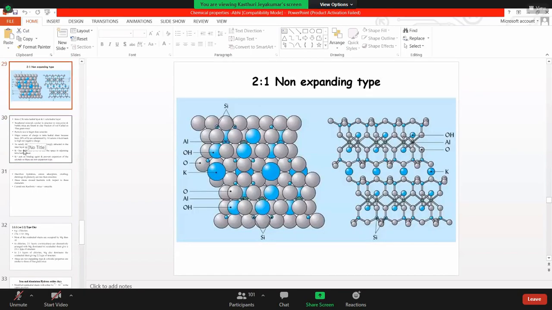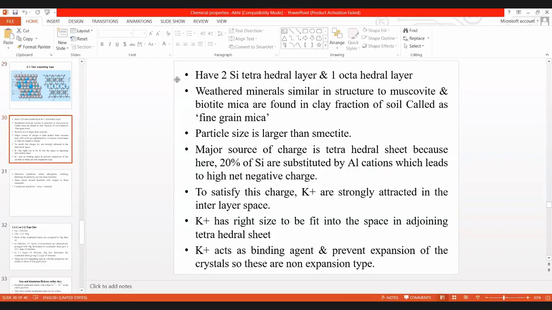2:1 non-expanding type. The 2:1 non-expanding type has two silica tetrahedral layers and one octahedral layer. The mineral similar in structure to muscovite and biotite mica found in the clay fraction of soil is called fine grain mica.